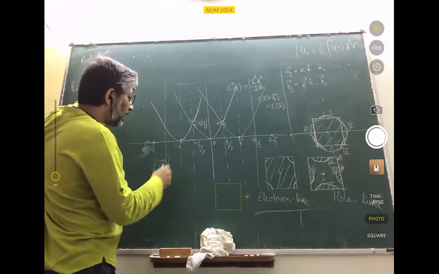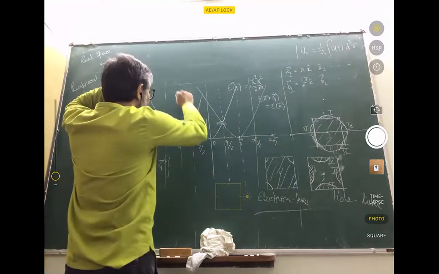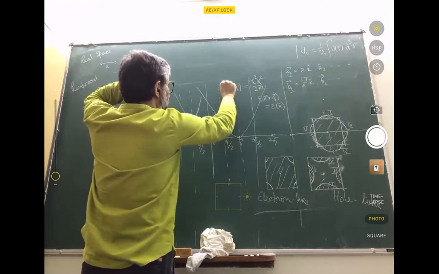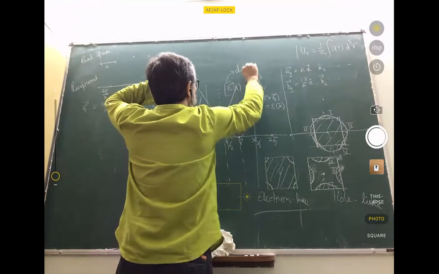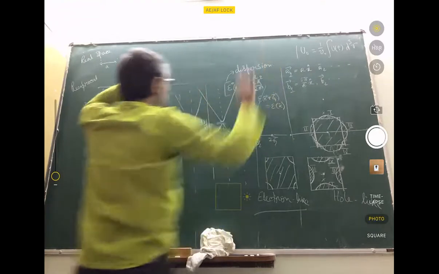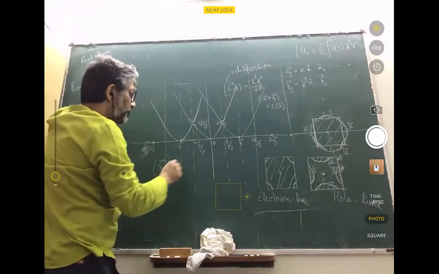Now, when I have this periodic lattice, this was my original free electron parabola. By the way, these relations are called dispersion relations, how energy changes with k. So I have a parabolic dispersion here.